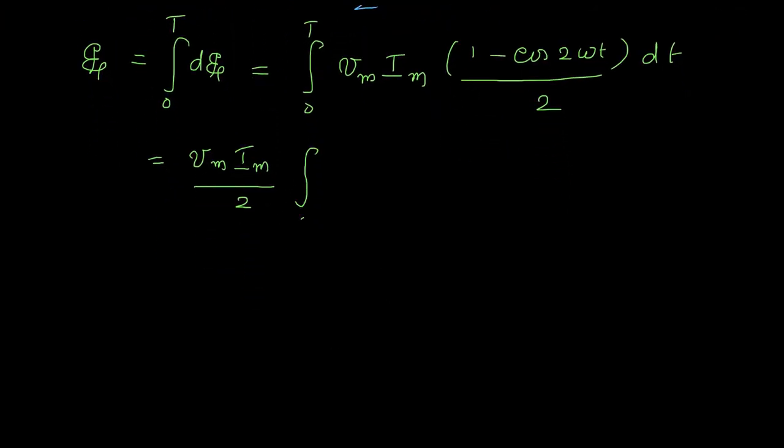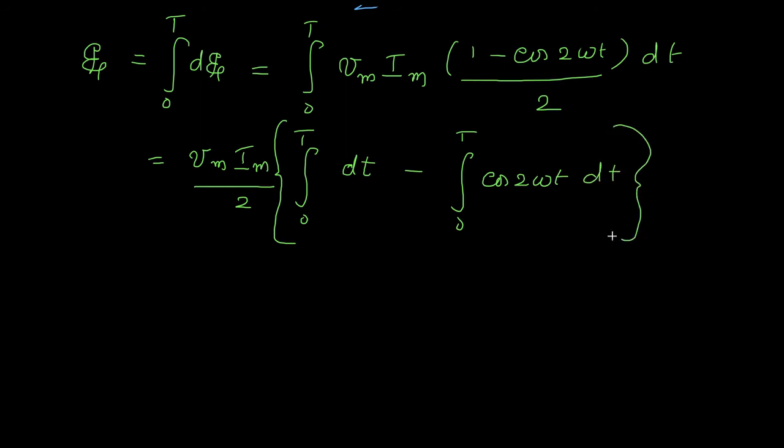We take Vm Im by 2 out of the integration sign. Integration from 0 to T of (1 minus cos 2 omega t) dt, which is integration from 0 to T of dt minus integration from 0 to T of cos 2 omega t dt. Over the full cycle of AC, the integration of cos 2 omega t dt will be 0.